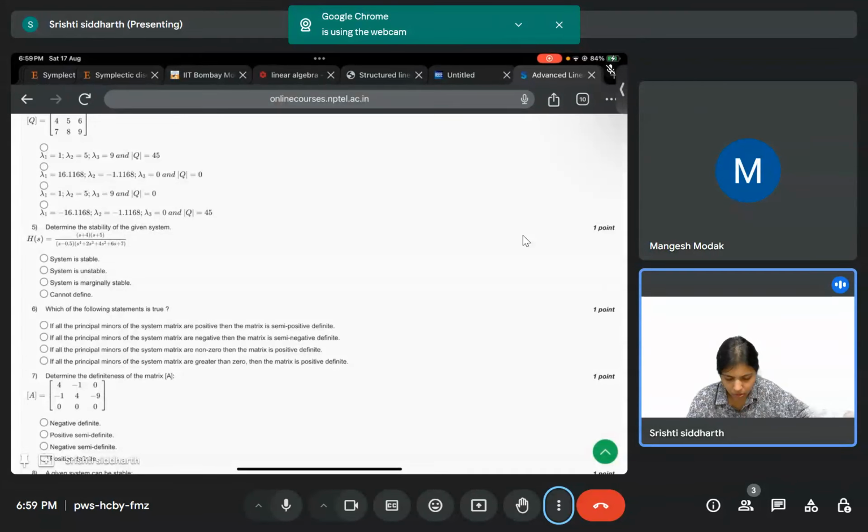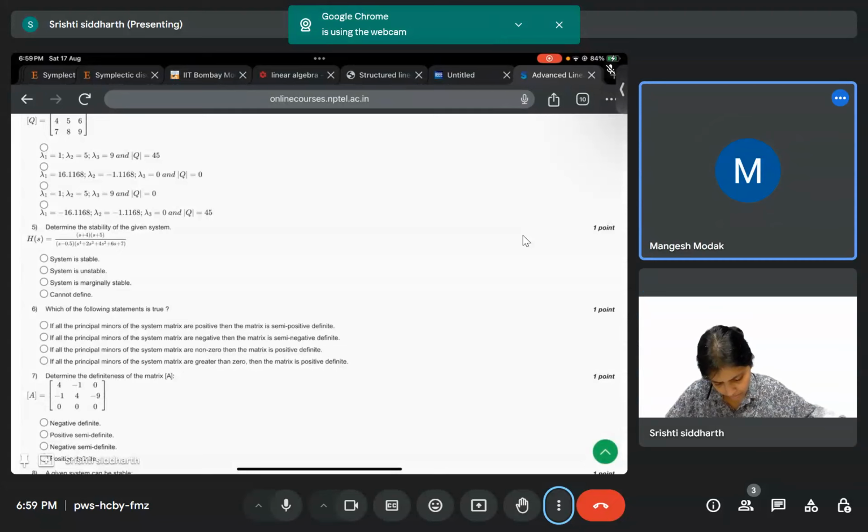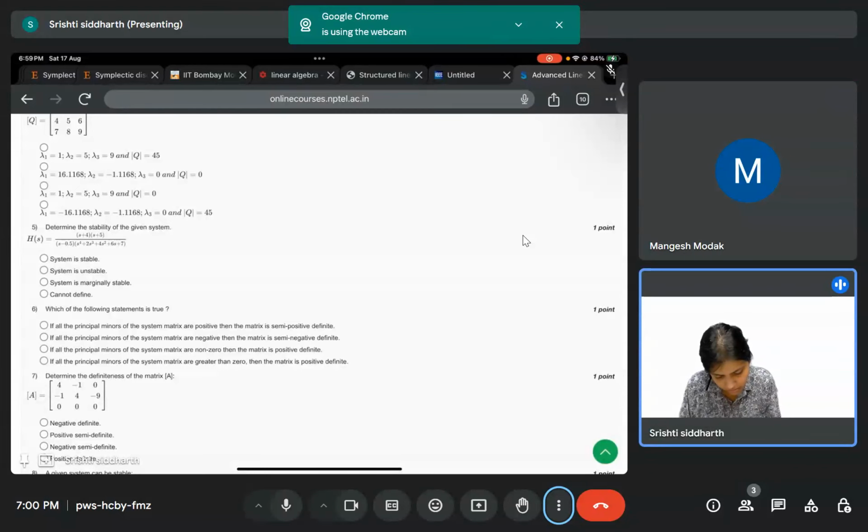I guess from the Routh criterion you can just check if it is either stable or not stable, right? I don't think the question asks for asymptotic stability at all. It says determine the stability of the given system. So it's a linear system. I think it's just talking about bounded input, bounded output.